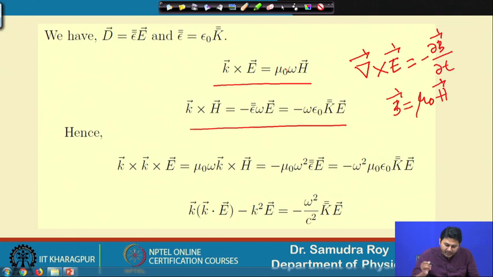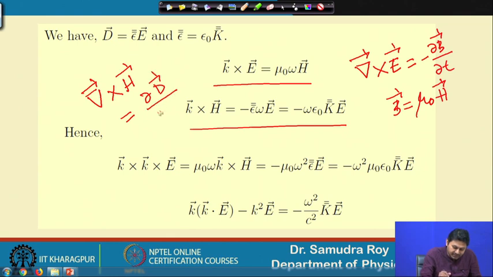In a similar way, the second equation was curl of H equal to del D del t. This is the fourth Maxwell's equation. So, del D del t is replaced by minus epsilon bar omega E, because for an anisotropic system, we know that the D vector and E vector are related through epsilon, which is a tensor quantity.